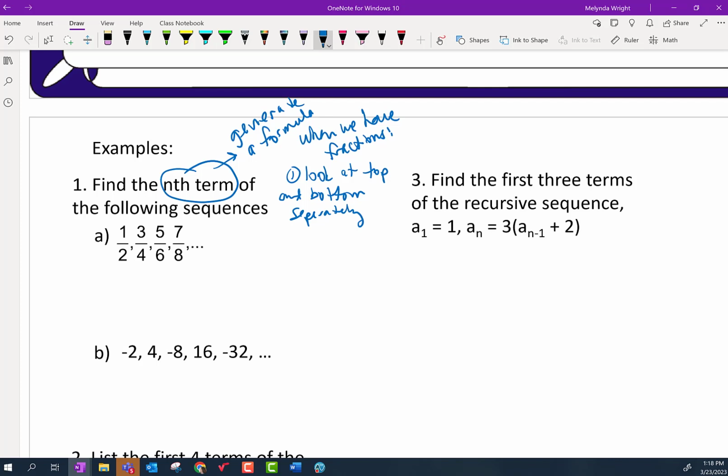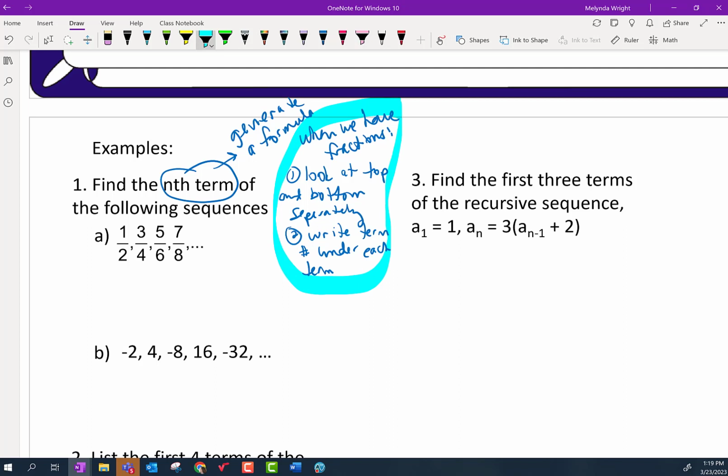And always, when we're generating formulas, number two, I would recommend to write the term number under each term. Okay, these are recommendations that I'm giving you. I'm writing them out for you, okay? And number two works all the time. Number one is just for fractions.